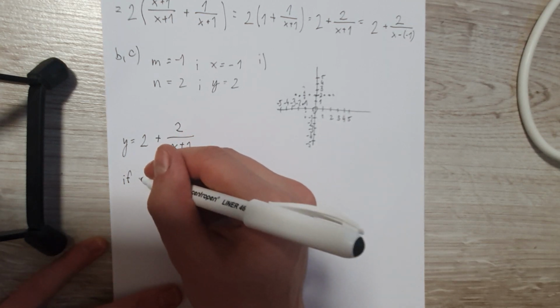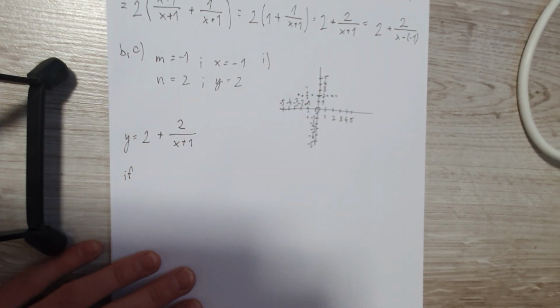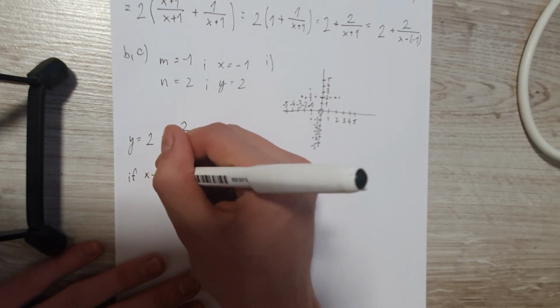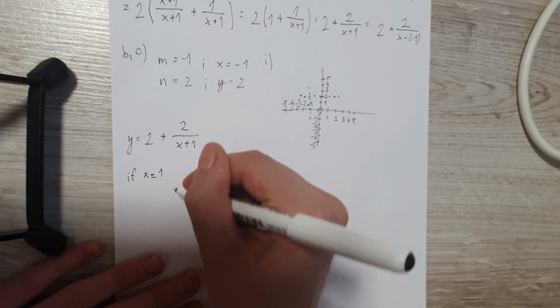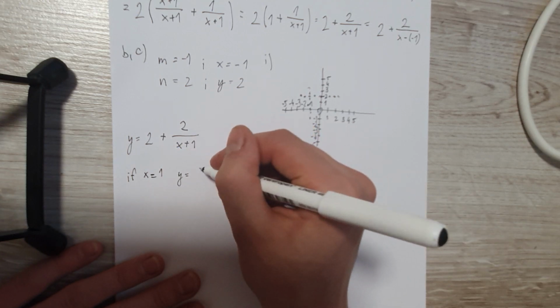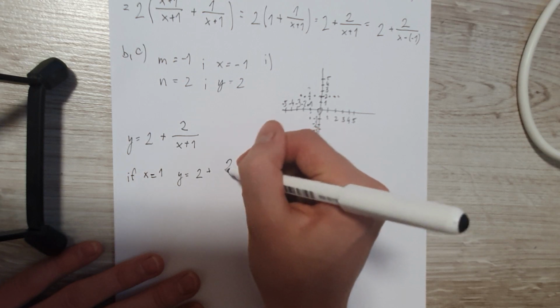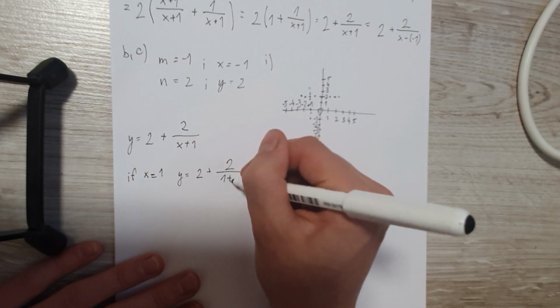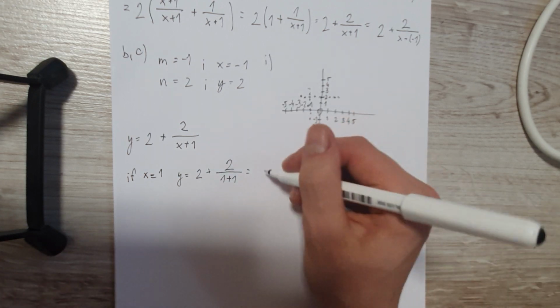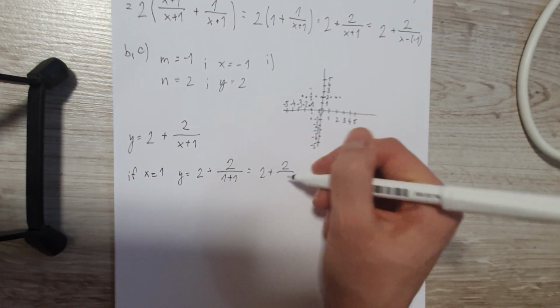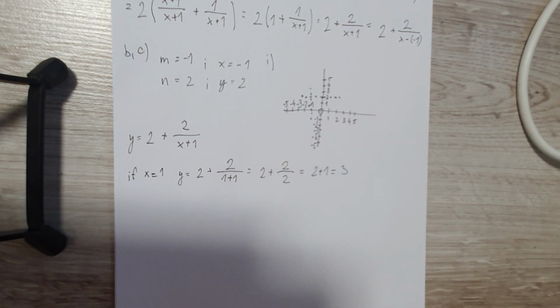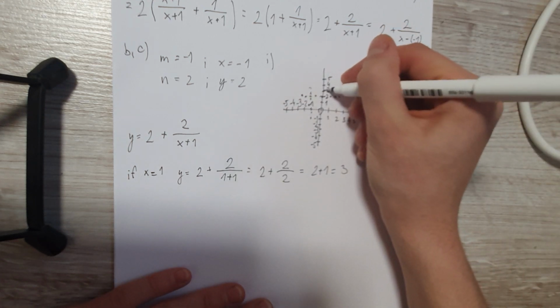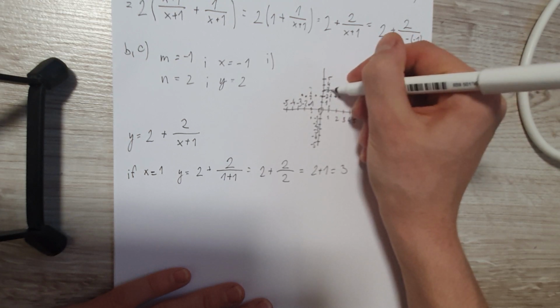So at first, let's say if x is equal to 1, then y is equal to 2 plus 2 divided by 1 plus 1, and it's whole like 2 plus 2 over 2, which is 2 plus 1, which is 3. So if x is number 1, the y value is number 3. So we will write it right here.